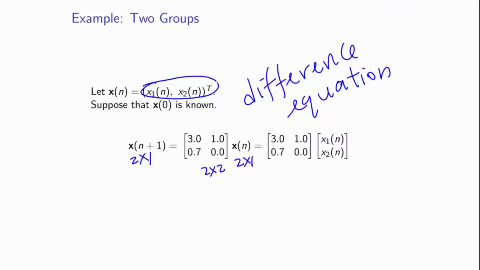You need to know the previous step so you can compute the current step. You need to know the current step so you can compute the next step, right? So if you know the initial value, then here's the other phrase, iteration. You can carry out an iteration of this system.